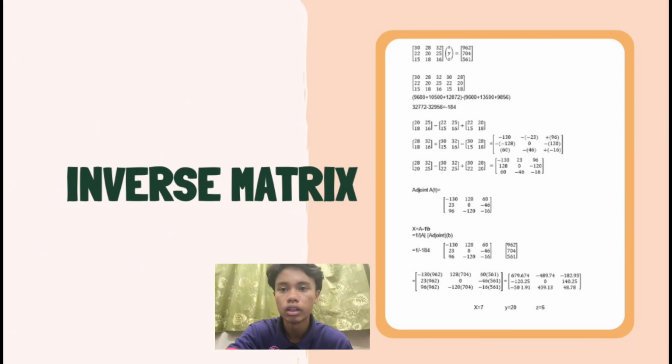To find x, y, and z, we use the formula x equal to A inverse multiplied by B, where A inverse is the inverse of matrix A.